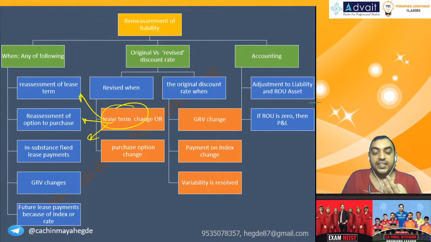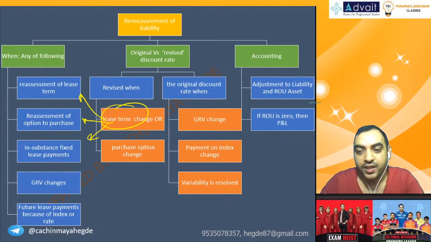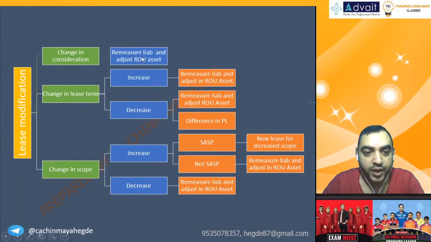If one of these three changes, it is lease modification. Else measurement. Estimates change, measurement. I hope you got the clarity now on this point.